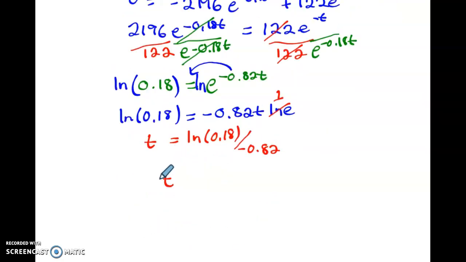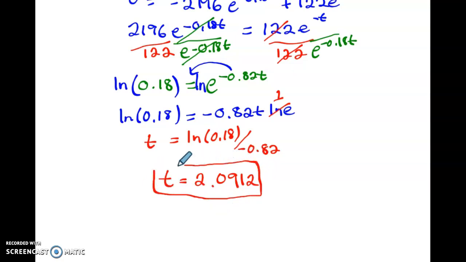If we type that into our calculator to, let's say, 4 decimal places, we will get t equals 2.0912. We haven't actually confirmed that that is a maximum yet, but that is the time that we get.